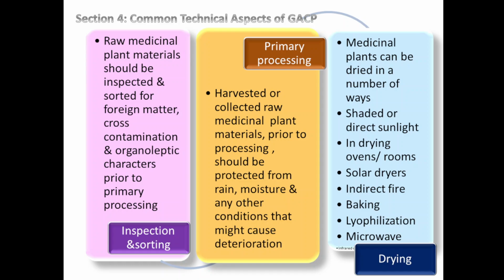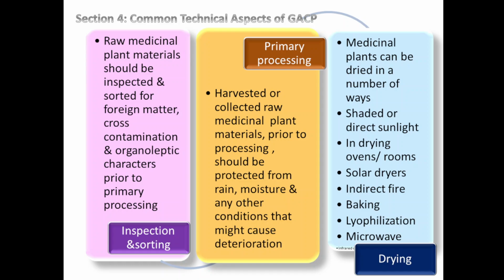The medicinal plants can be dried in a number of ways. First one is shade or direct sunlight. Those raw materials which can withstand higher temperature or temperature of sunlight can be directly dried in sunlight, or those which will deteriorate on exposure to sunlight are dried by the shade drying method.